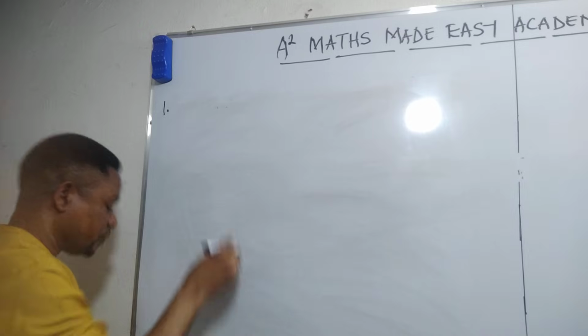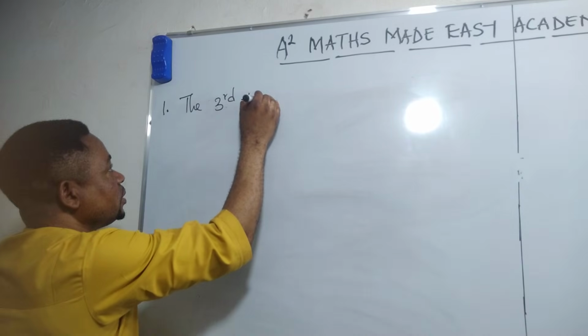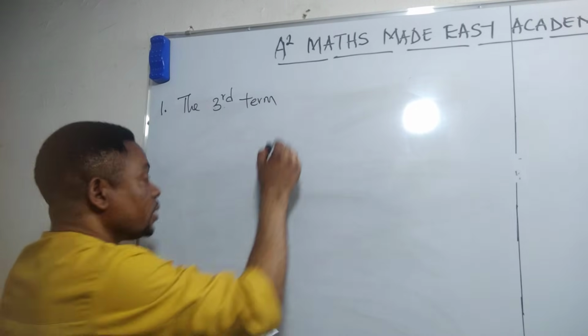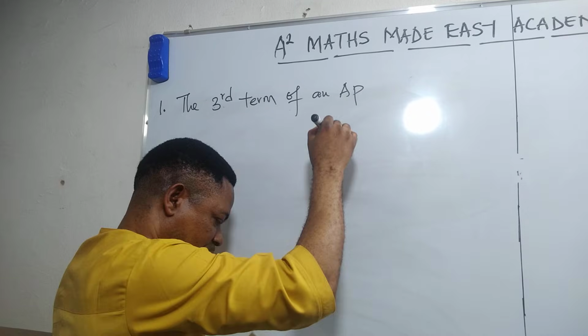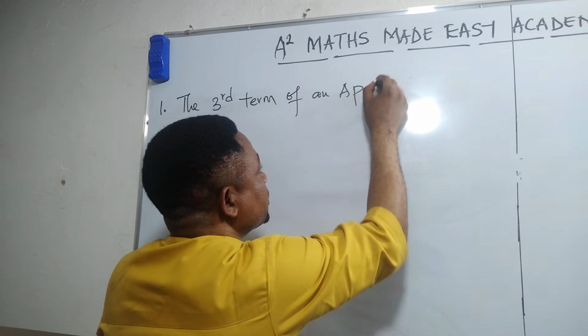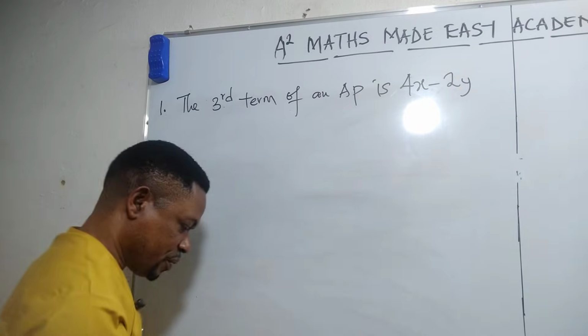I want you to observe this, that the third term of an AP is 4x minus 2y. Are you with me?